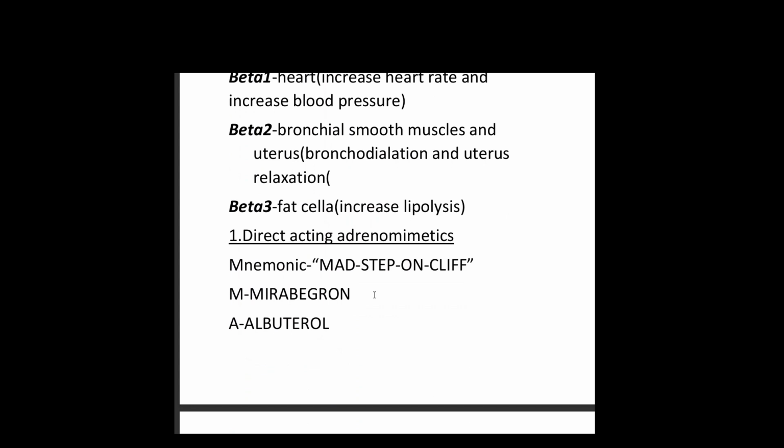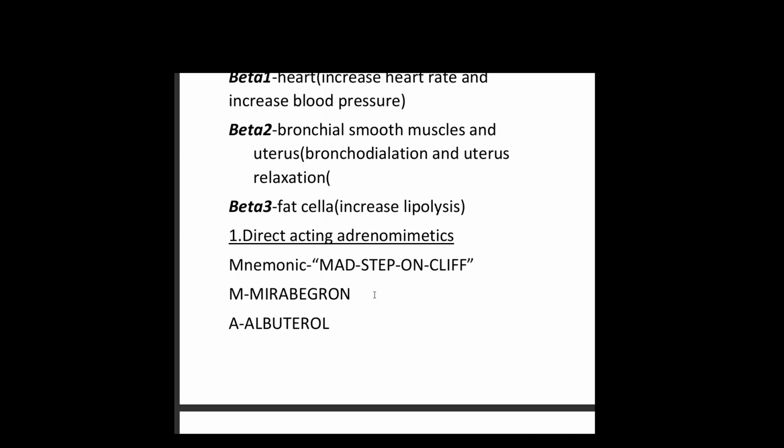So why do we need to dilate our bronchial muscle in the sympathetic system? Because we need energy. It is an exciting stage in the body. In the parasympathetic, we don't need more oxygen in the body, but here we need to breathe fast. When you are in fear, you breathe fast. When you are excited, you breathe fast, and bronchial smooth muscles are dilating.